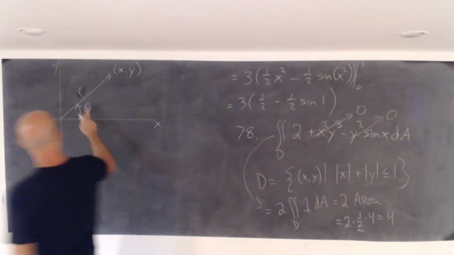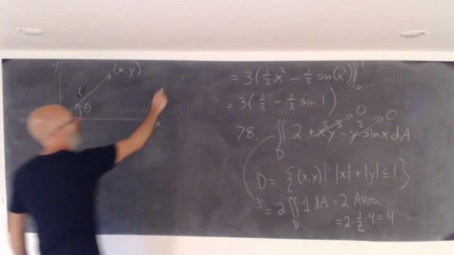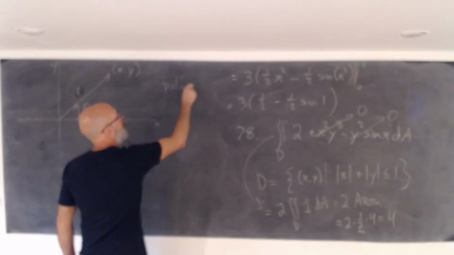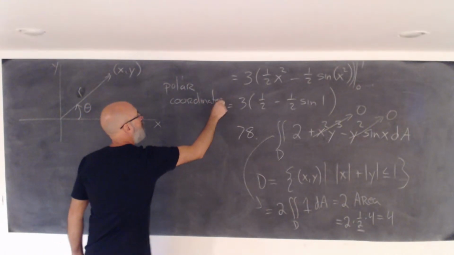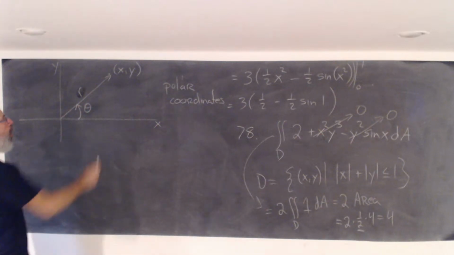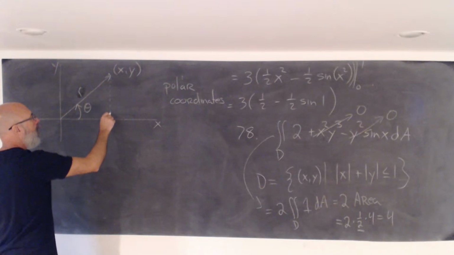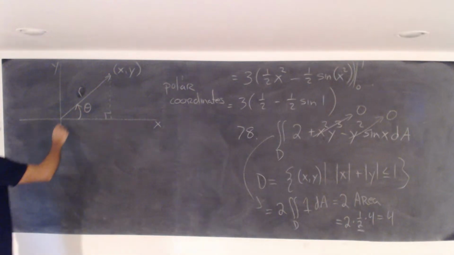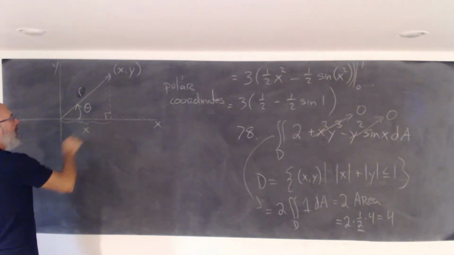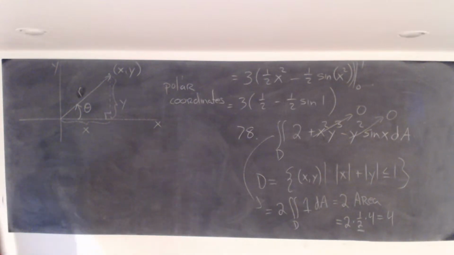This new coordinate system is known as polar coordinates. And notice that in dealing with this, you're really working with a right angle triangle, where this is x and this is y.